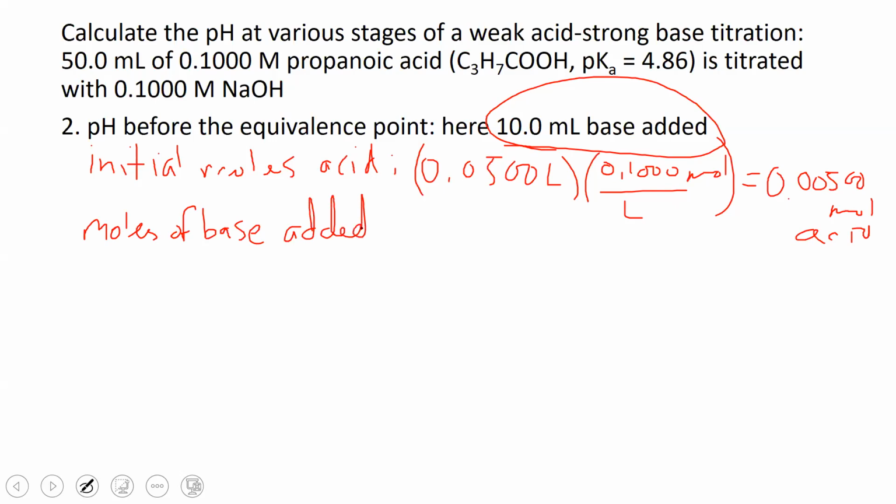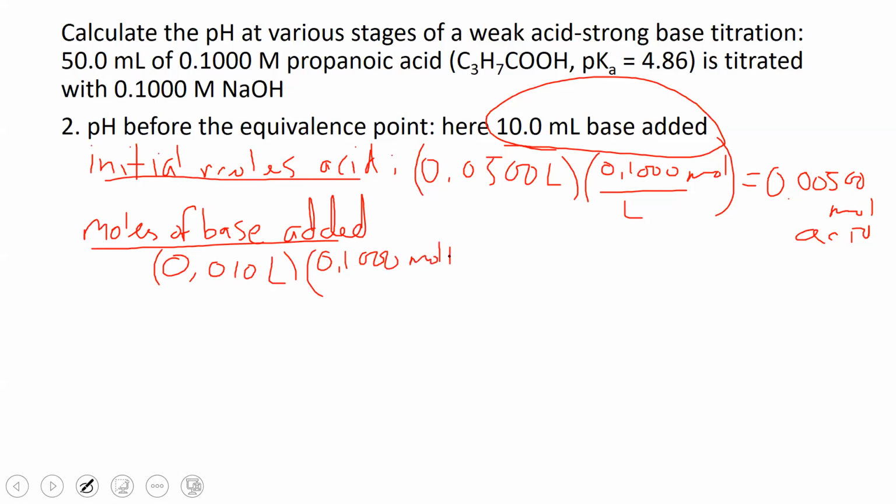Okay, and so for this one, we're going to just take the volume of the base, 0.010 liters, that's our 10 milliliters, times the concentration, 0.1000 moles of sodium hydroxide per liter, gives us 0.00100 moles.